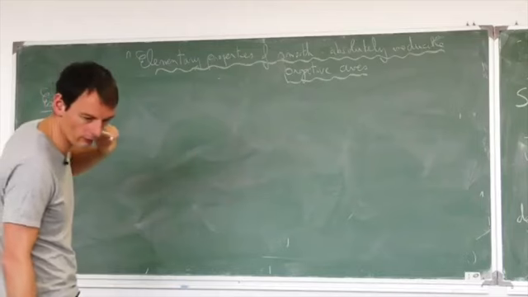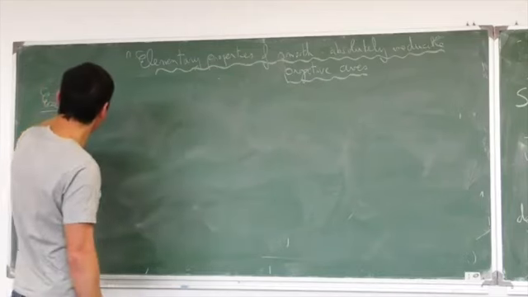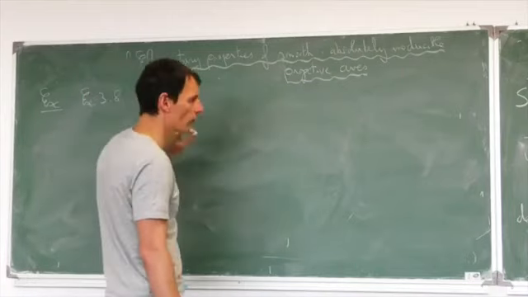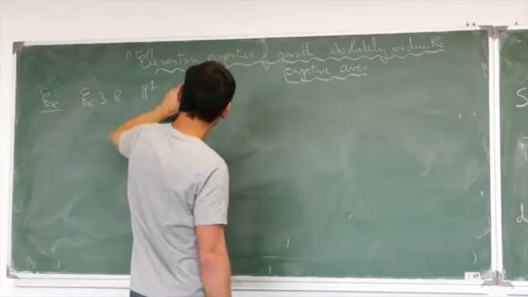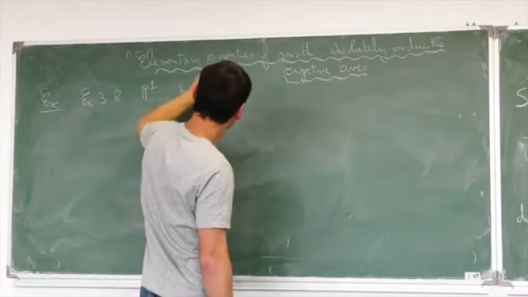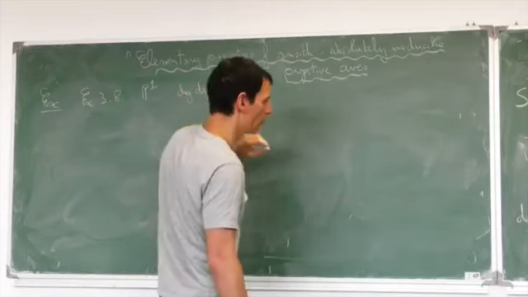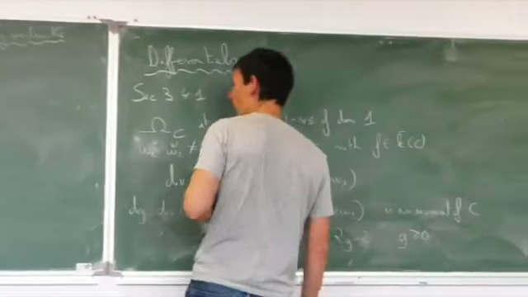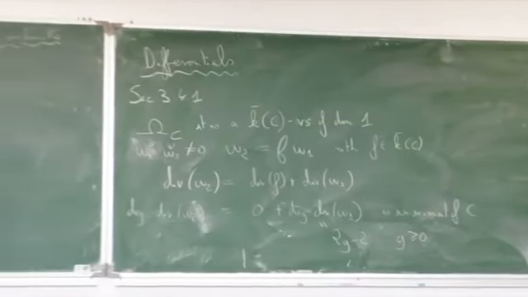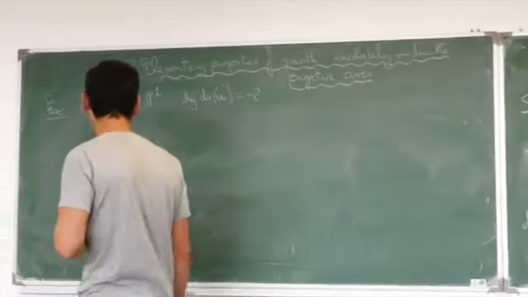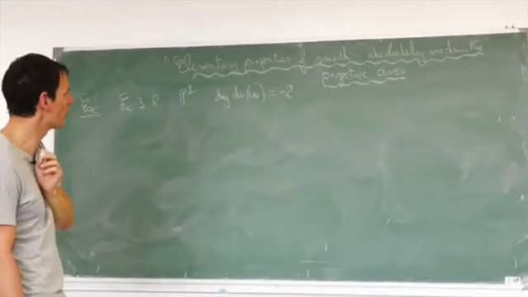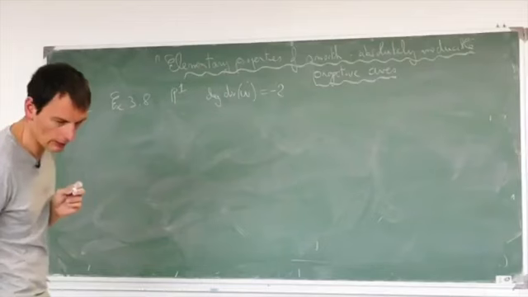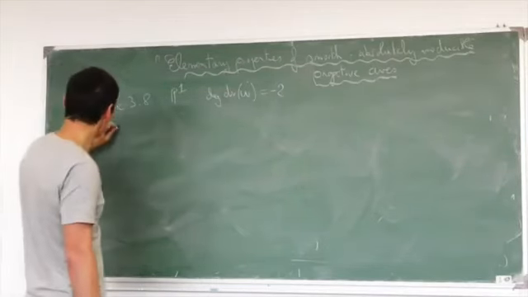The first one is inside the notes, example 3.8, the case of P1, where you prove that the degree of the divisor of a non-zero differential omega, and I should say here that I want omega 1 and omega 2 to be different from 0, is going to be minus 2. So if I look at the formula above, it means that P1 should indeed be a curve of genus 0.